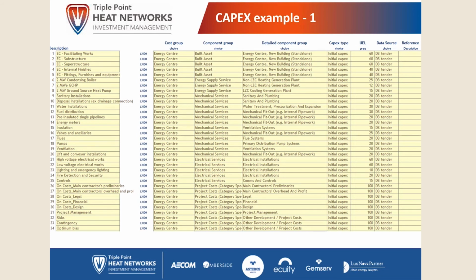So clearly here we've got the energy center costs. We've broken it down then into built assets, the supply, mechanical services, electrical services, and the project on costs, which you can see there. So contractors, prelims, overheads, legal costs, financial design, project management, risk, contingency, optimism bias, which again is something that local authorities understand, but isn't used much in the private sector.